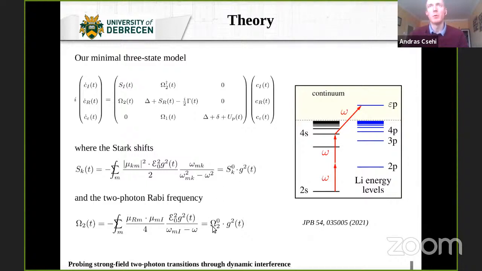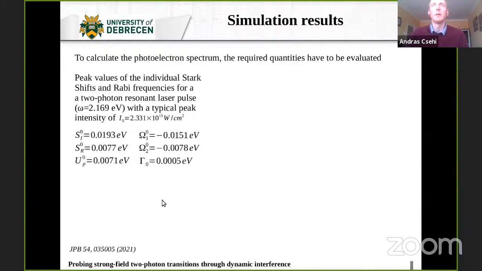The peak values have to be calculated from the system quantities. And yes, we did that, and for a certain laser parameter set, I show you an example for the peak values of these quantities, and we set our laser in 2 photon resonance with the transition, and so with these parameters.